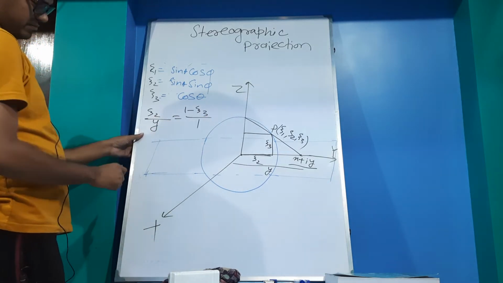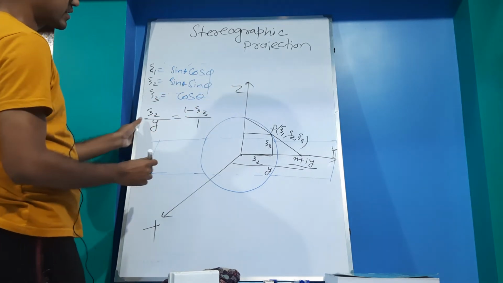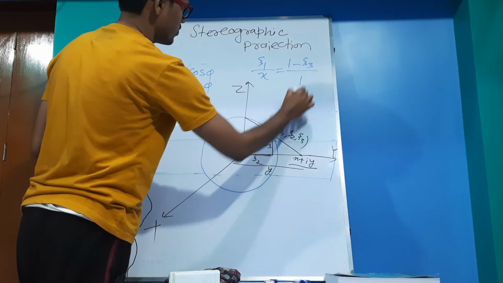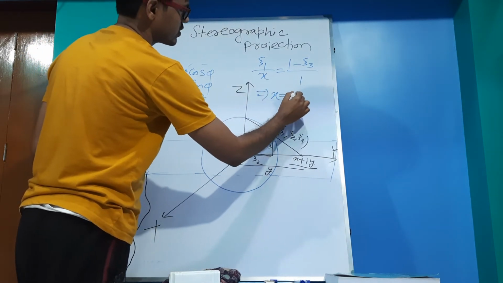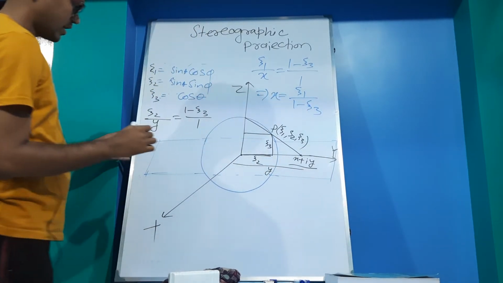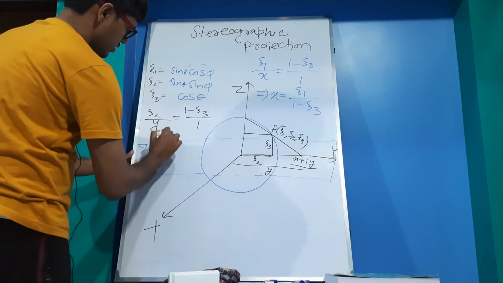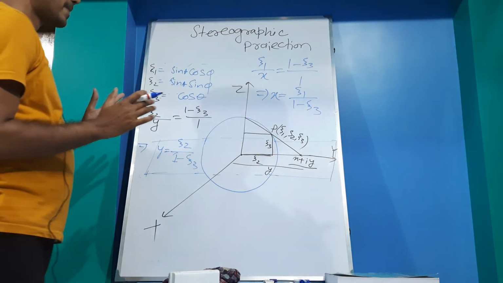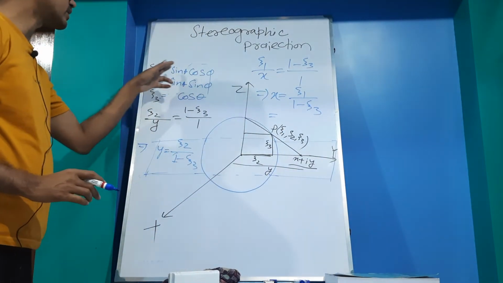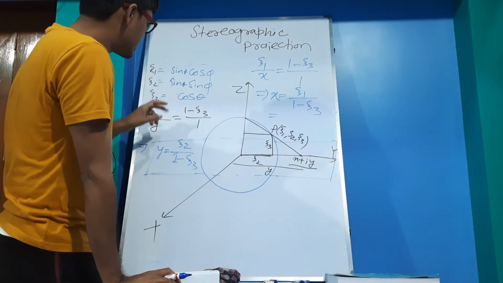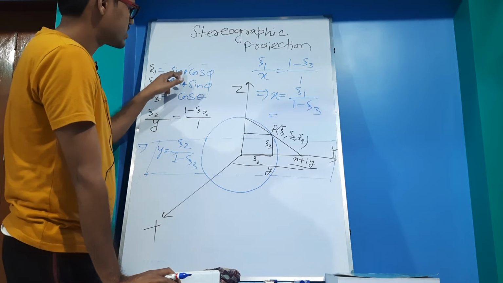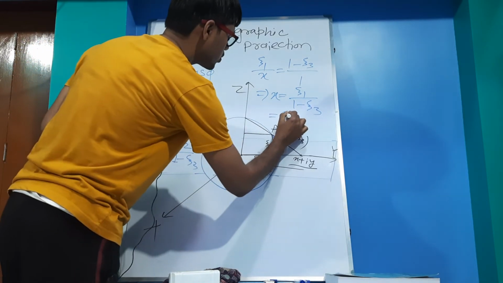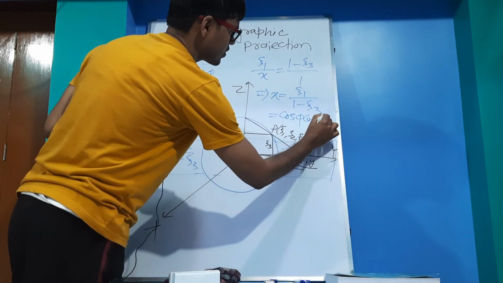And similarly we can write from this side that xi1 divided by x will be 1 minus xi3 divided by 1. So from that we can write x equals xi1 by 1 minus xi3, and from this y equals xi2 by 1 minus xi3. Now if you put xi1 as sin theta cos phi divided by 1 minus xi3, and that is cos theta, then this divided by 1 minus cos theta, which is 2 sin square theta by 2 and 2 sin theta by 2 cos theta by 2, will be equal to cos phi into cot of theta by 2.